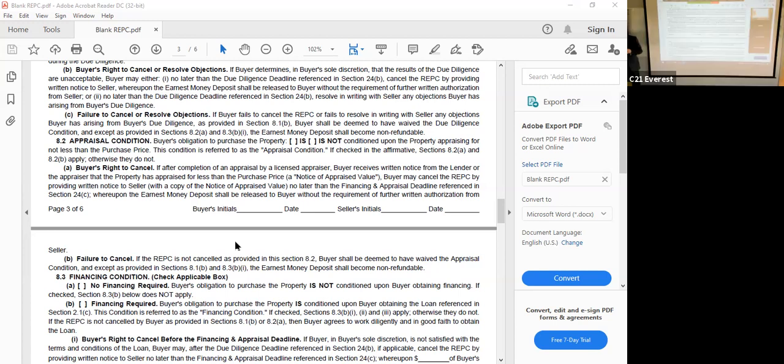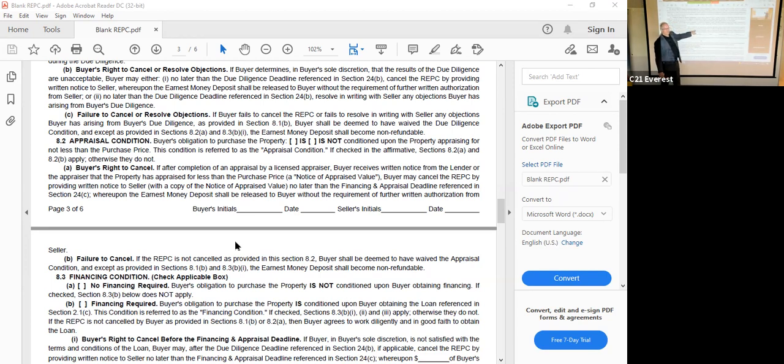And the good news is what you have to do is in the contract. Buyer's right to cancel. If after completion of the appraisal by the licensed appraiser, buyer receives written notice from the lender or the appraiser that the property has appraised for less than the purchase price, which is the notice of appraised value, buyer may cancel the REPC by providing written notice to the seller with a copy of the notice of appraised value no later than the financing and appraisal deadline.